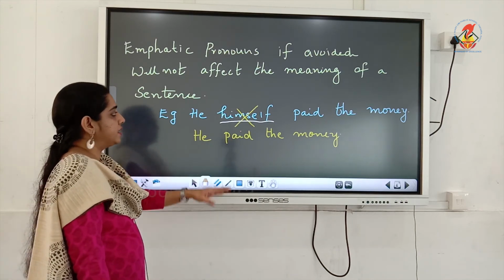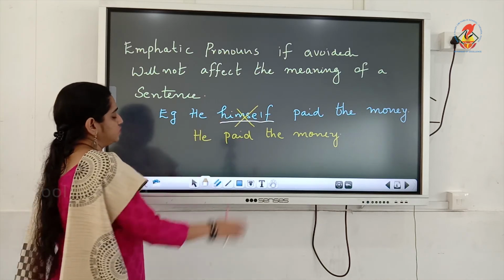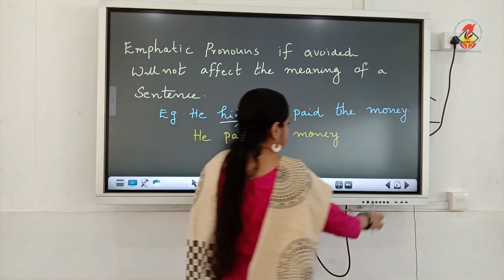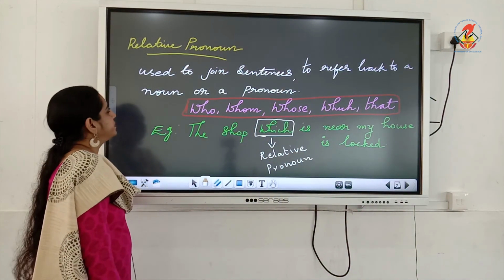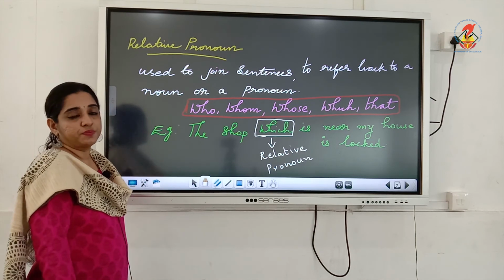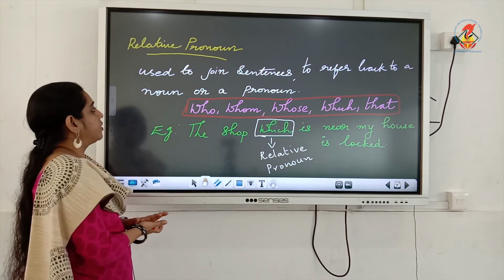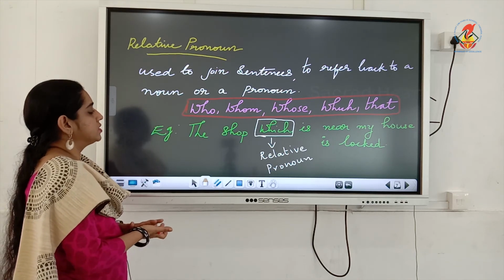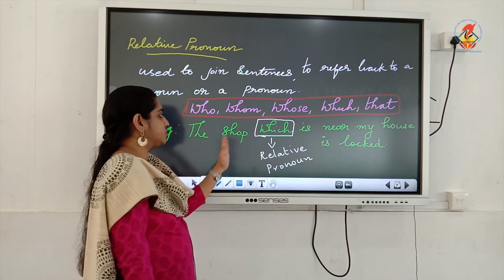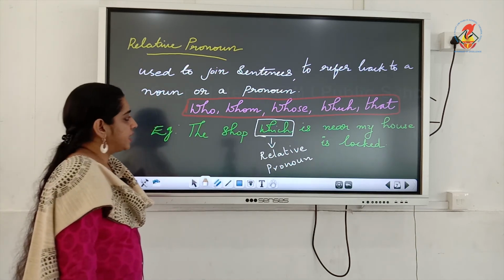He paid the money, he himself paid the money; if you cut himself, there is no change in the meaning of that sentence. Next, we studied relative pronouns. What does a relative pronoun mean? It joins sentences and refers back to a noun or a pronoun. The shop which is near my house is locked. It is referring back to the shop. So that is a relative pronoun.